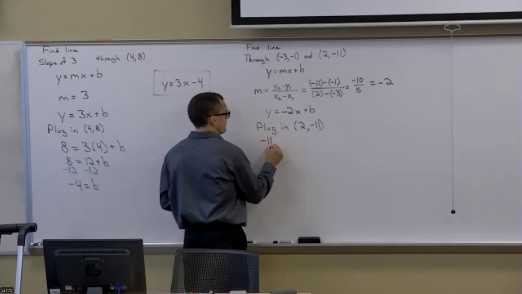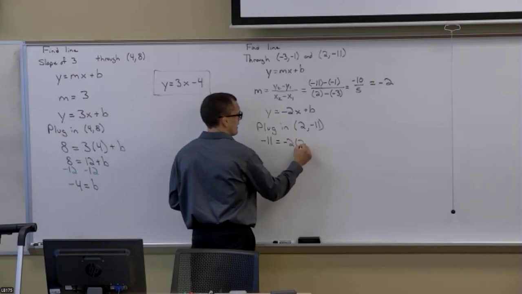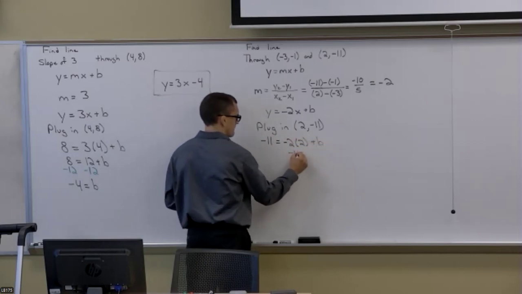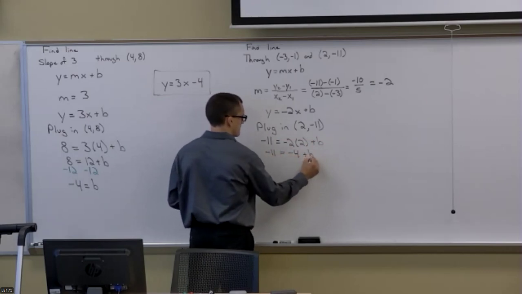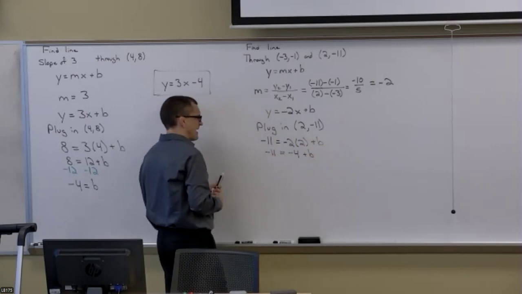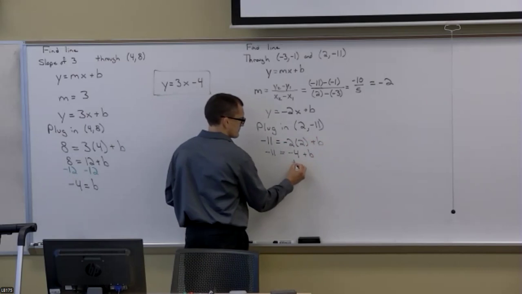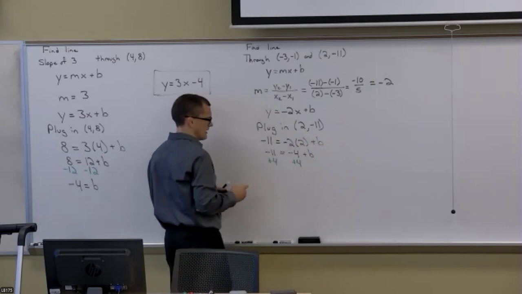So in this case, we get -11 is equal to -2 times 2 plus b. Adding 4 to both sides. So to get rid of that -4, I want to add 4 to both sides.